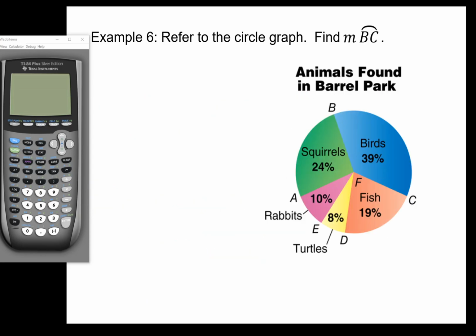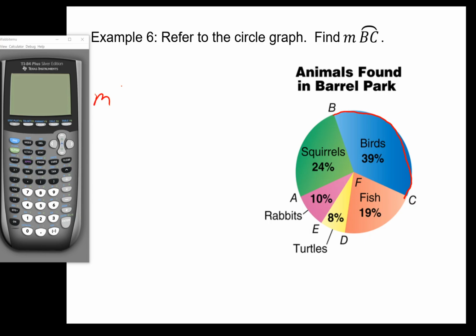All right, example 6. Refer to our circle graph. We want to find the measure of arc BC. What looks to me like BC is this arc here, and it looks like that contains 39% of the possible degrees.